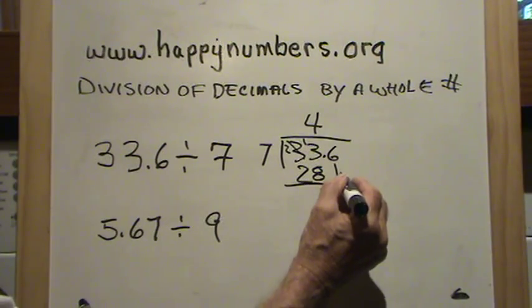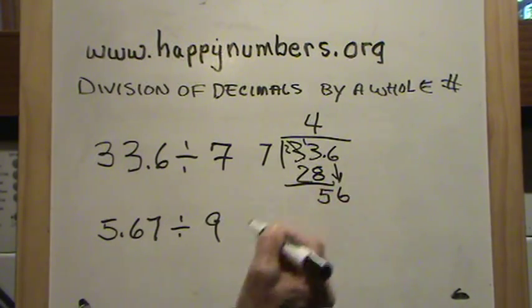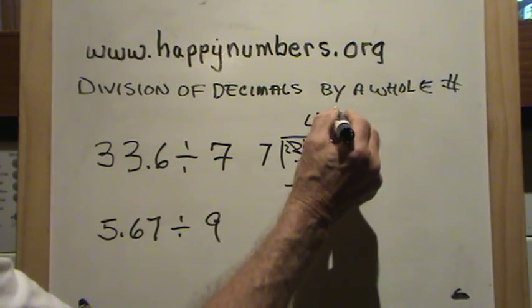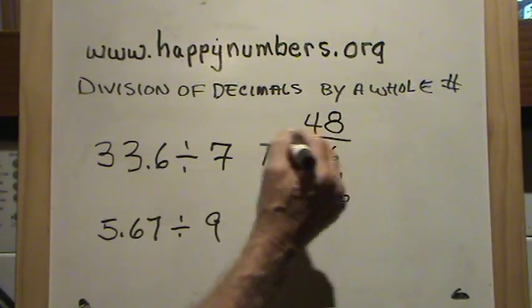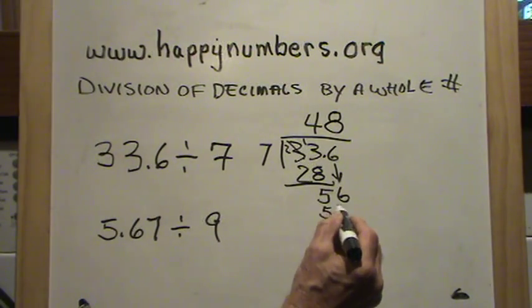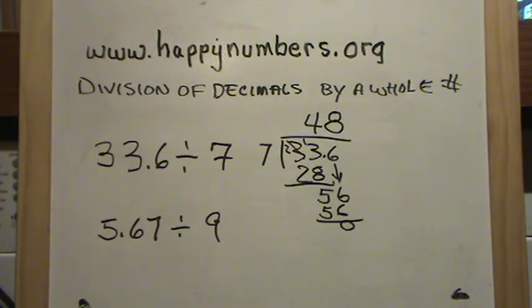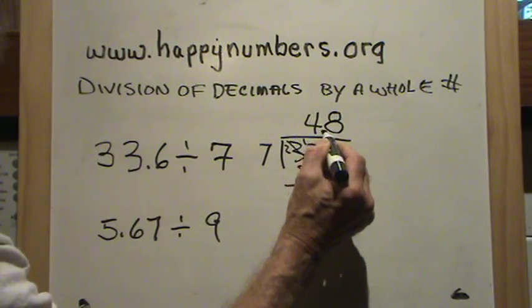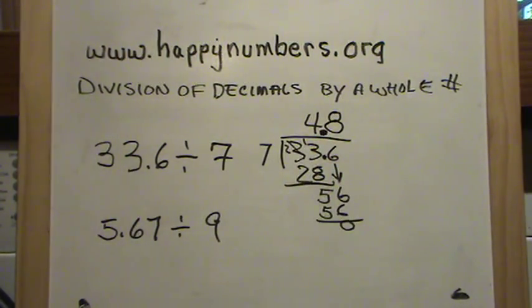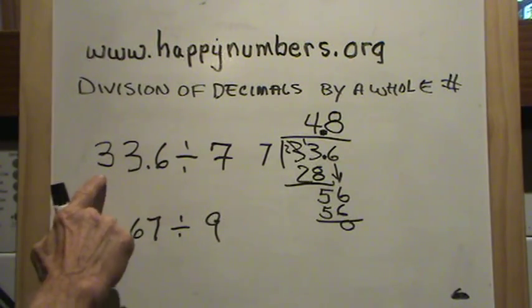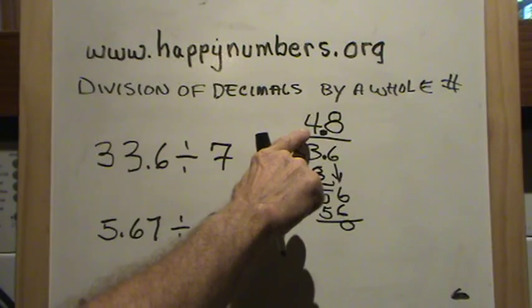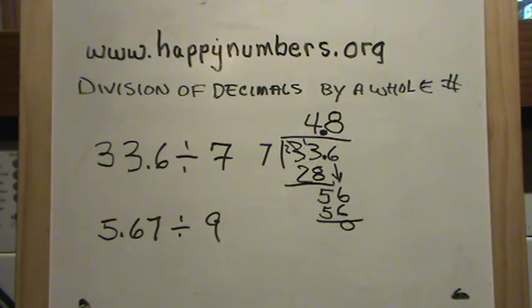We bring down our 6. 7 goes into 56 8 times, because 8 times 7 is 56. We subtract and we have 0. So now all we have to do is bring our decimal point up into the answer. So 33 and 6/10 divided by the whole number 7 is equal to 4 and 8/10.